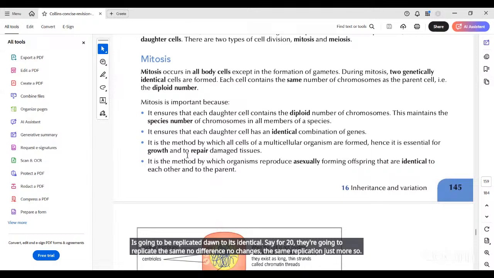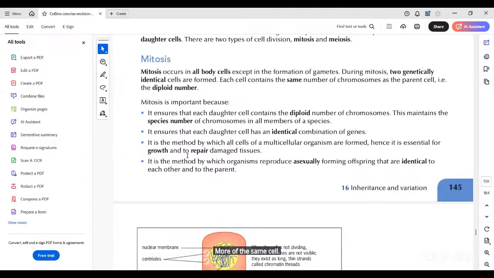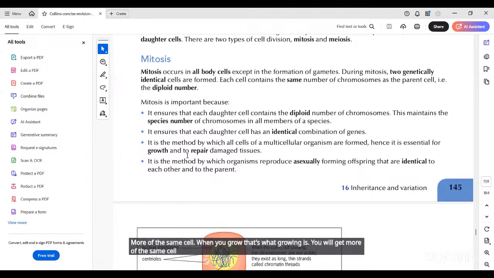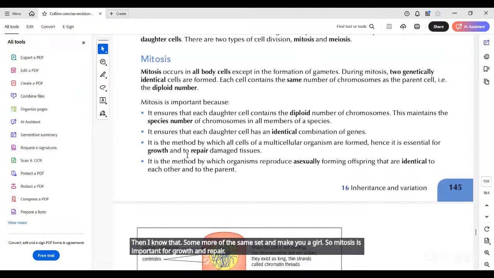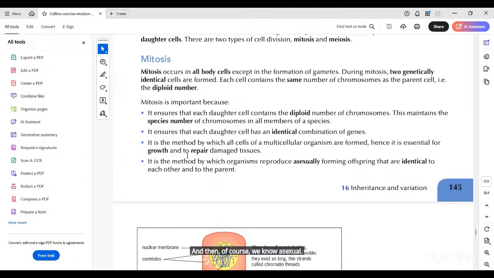More of the same cell when you grow. That's what growing is. Did you know that? More of the same cell makes you grow. So mitosis is important for growth and repair. And then of course, it is asexual because it forms an identical cell to the parent.